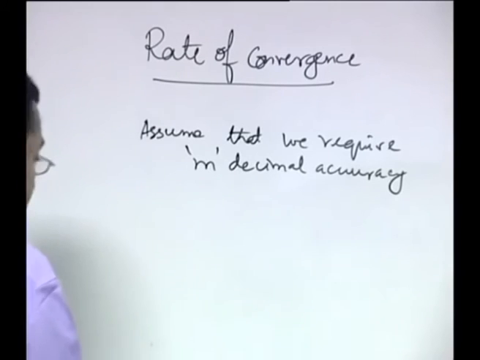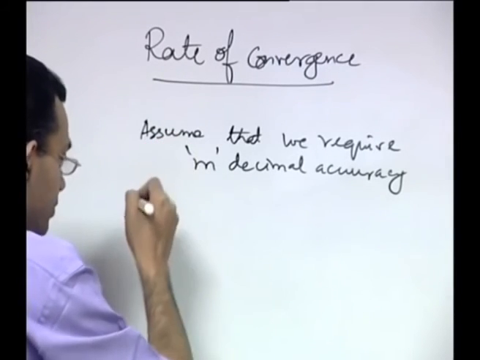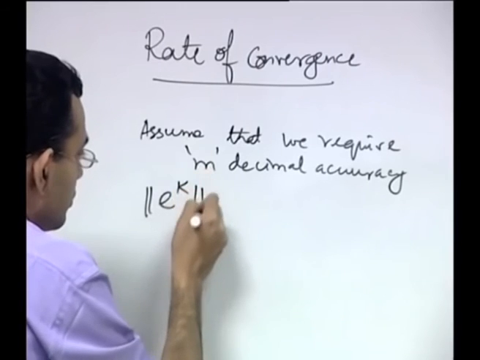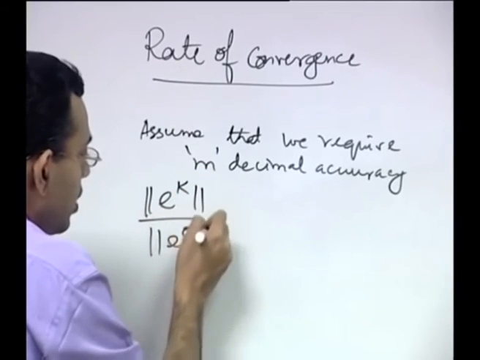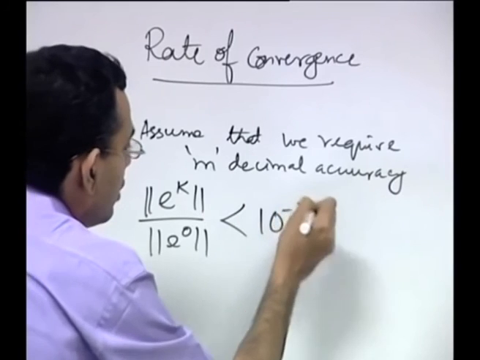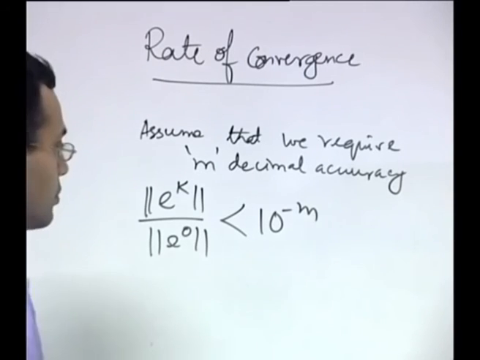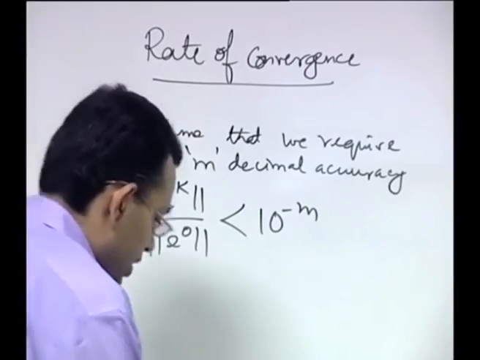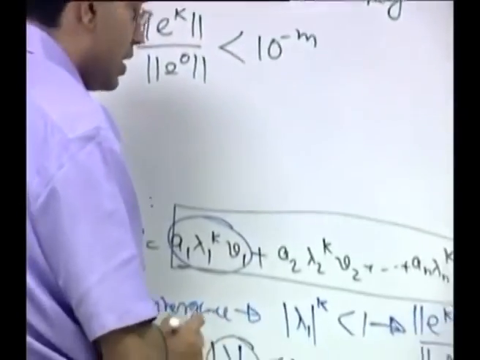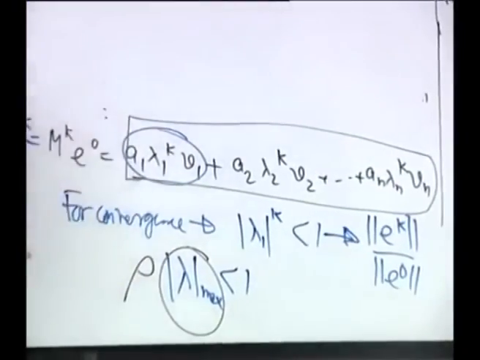So let us say that we require m decimal accuracy. Then we can say that in terms of order of magnitude, this is less than 10 to the power minus m. This mod of lambda max, which we call the spectral radius of convergence, we give a name rho.